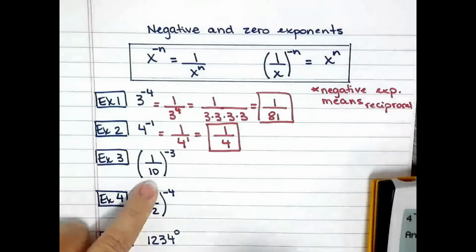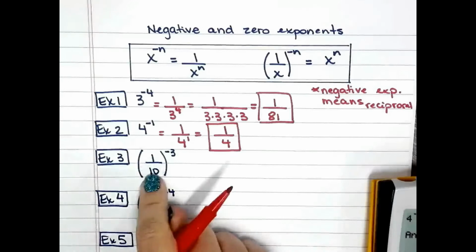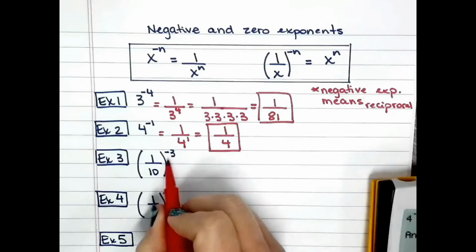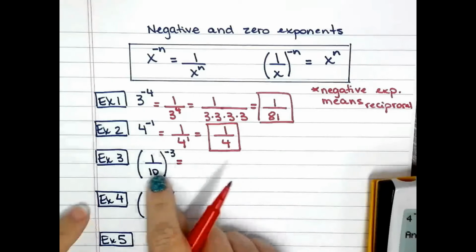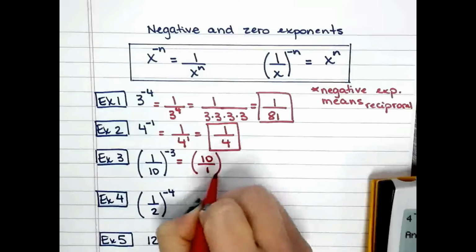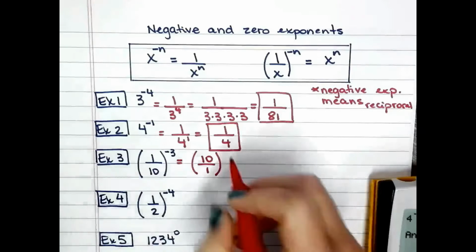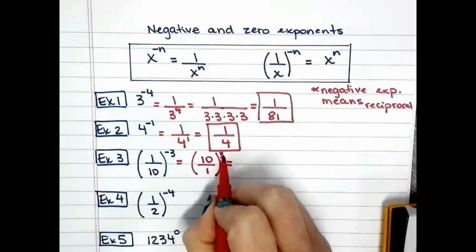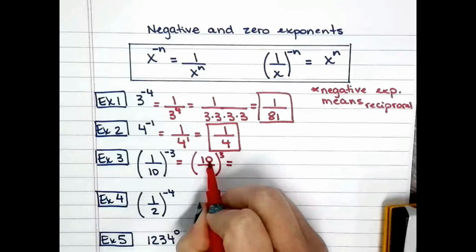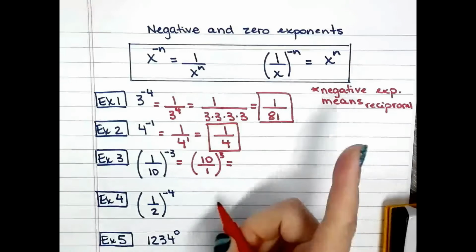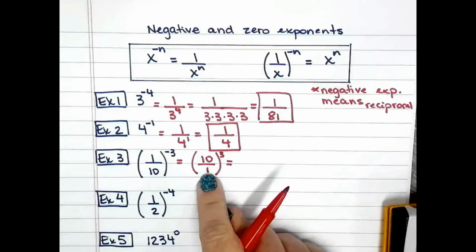Now I have a fraction with a negative exponent. Negative exponent means reciprocal, so I will rewrite this upside down, and then it loses the negative. So 10 over 1, to the 3rd power. The 3rd power means 10 over 1 times 10 over 1 times 10 over 1. But you also know, because you're smart, every whole number is also over 1, so I can simplify that.